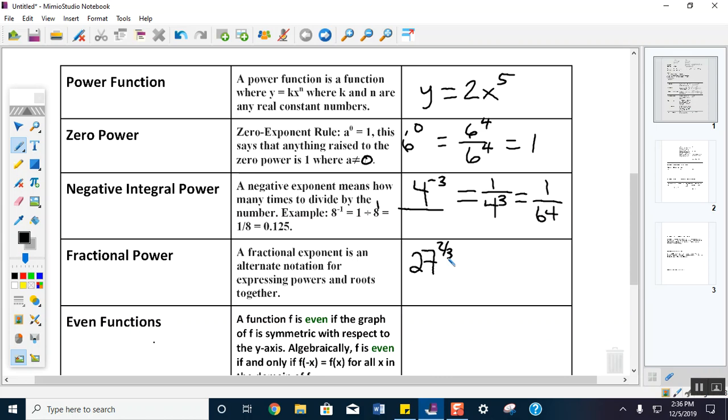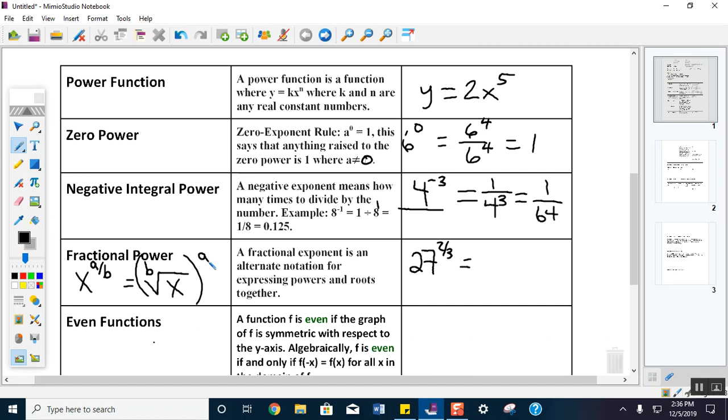Okay, what if I told you this? Anytime you have some kind of fractional exponent right here, this is the same as saying, well, let me give you the rule. Suppose you have x to the a over b power. This is equal to the b root of x all to the a power, like that.